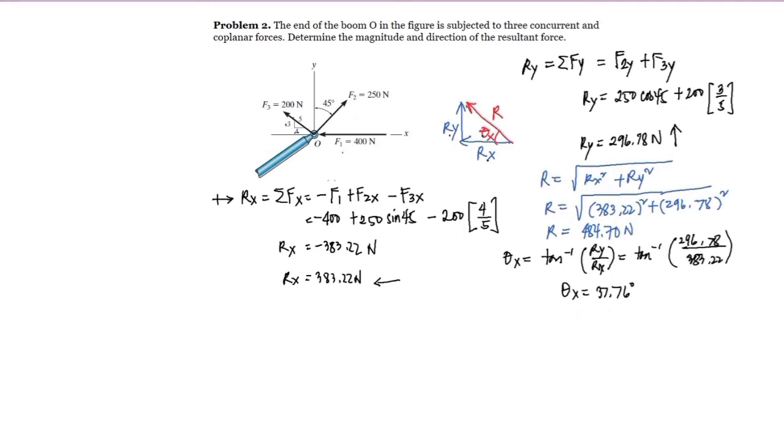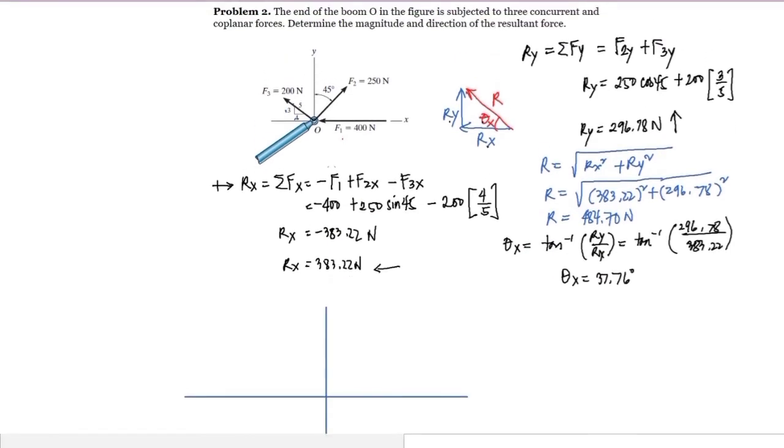Now for problem number 2, what we are going to do first is to set all the forces in terms of standard angle. Okay, so force 1 is directed to the left.